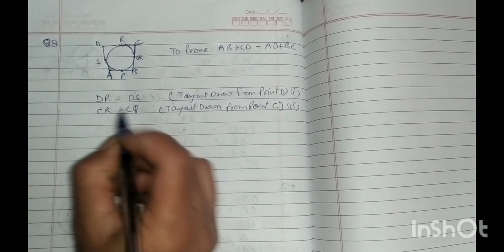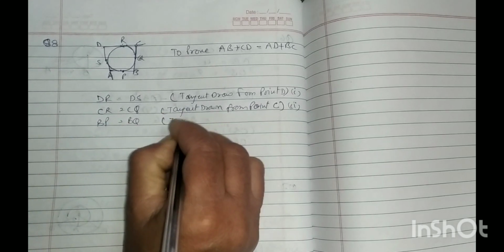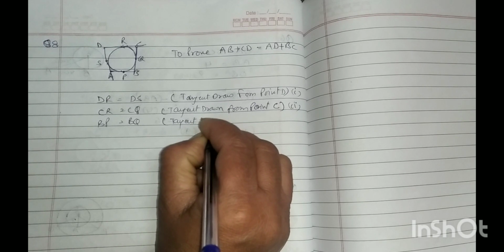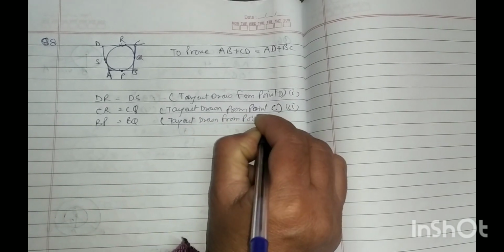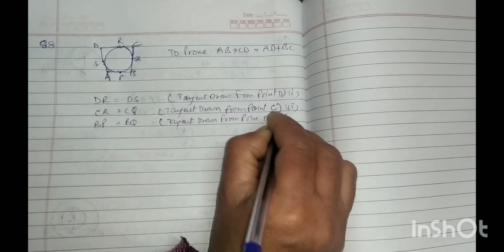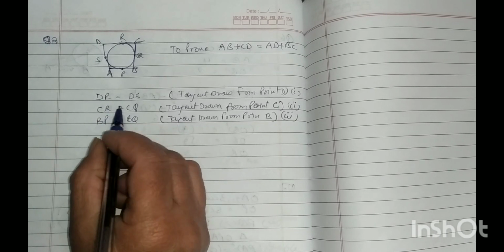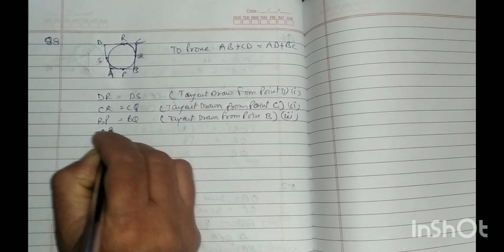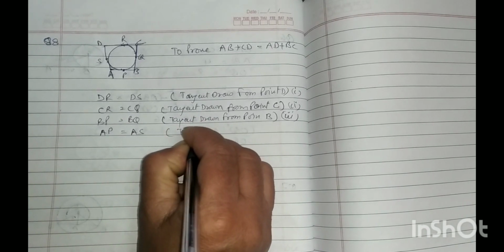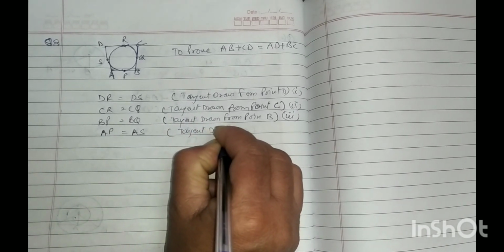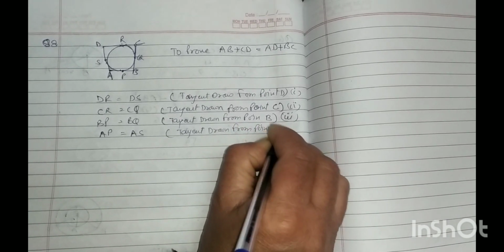BP equals BQ, tangents drawn from point B. Equation 3. AP equals AS, tangents drawn from point A. Equation number 4.